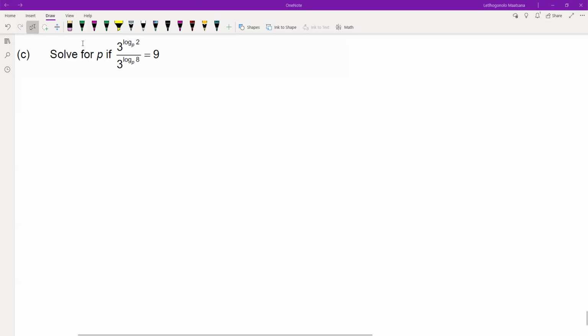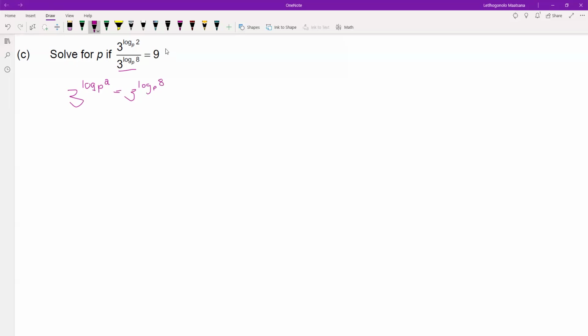Okay. So the first way is to multiply both sides by our denominator, which is 3 to the power of log base P of 8, and that will then give us 3 to the power of log base P of 2 is equal to 3 to the power of log base P of 8.